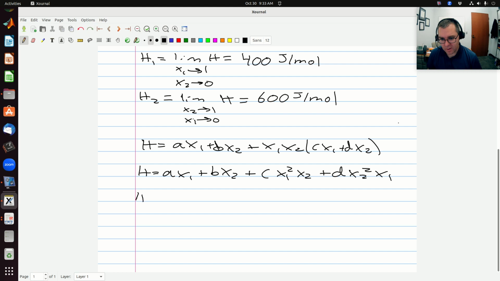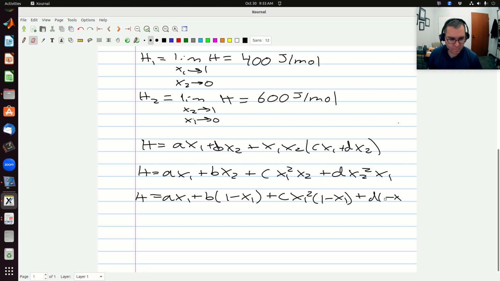Now I'm going to plug in x2 is 1 minus x1, so h is equal to a x1 plus b times (1 minus x1) plus c times x1 squared times (1 minus x1) plus d times (1 minus x1) times (1 minus x1) times x1, since x2 squared is that.